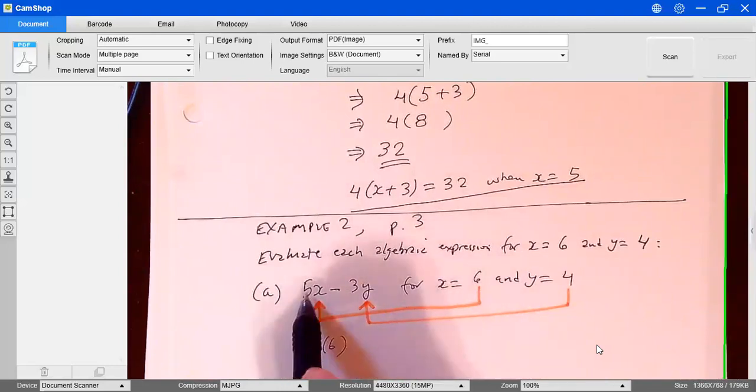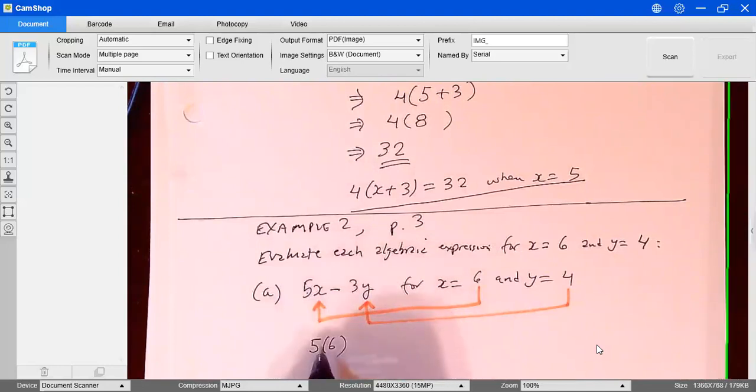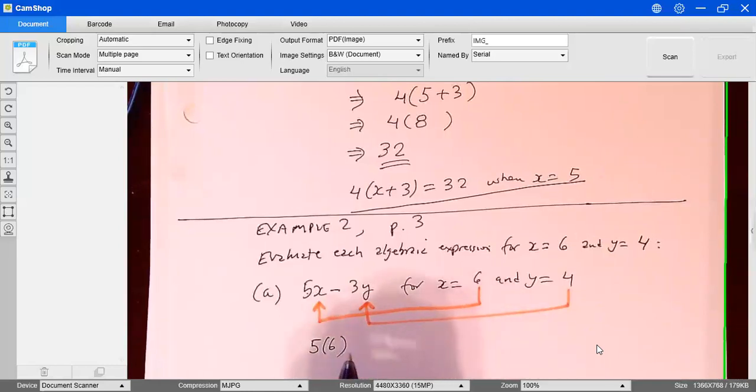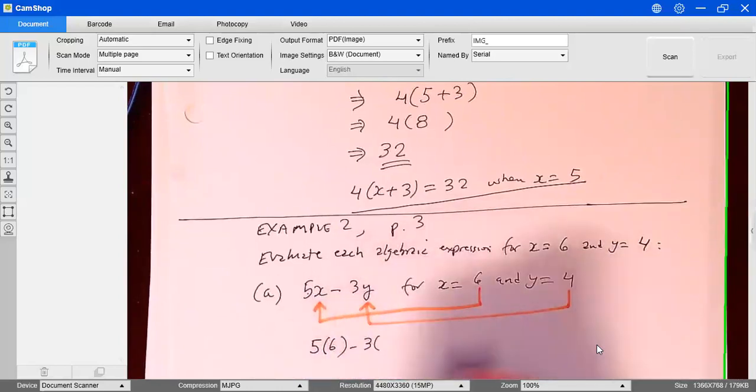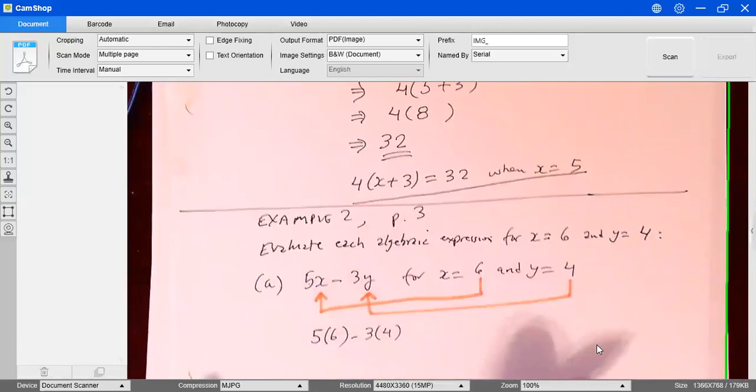So we need to understand that this is a multiplication. We need to understand that 5 is multiplying x. So that's the reason we're using parentheses, because if I don't use parentheses, you're gonna read here 56, and that's not correct. So 5 times 6 minus 3 times 4.